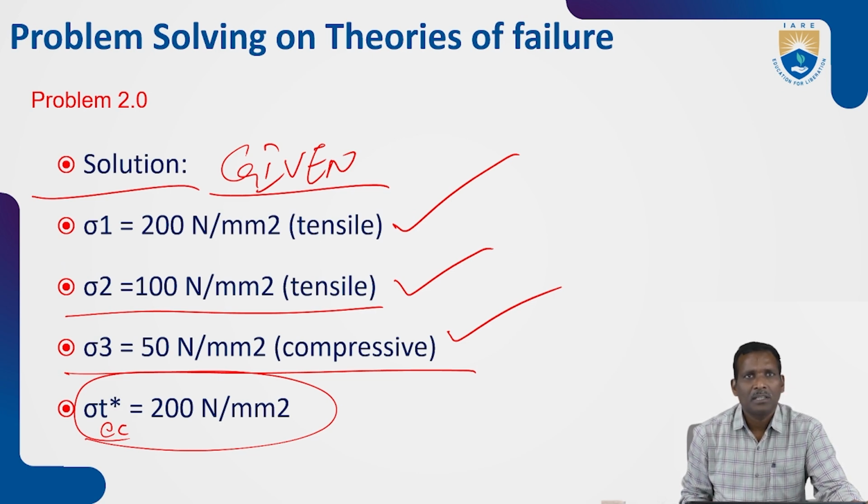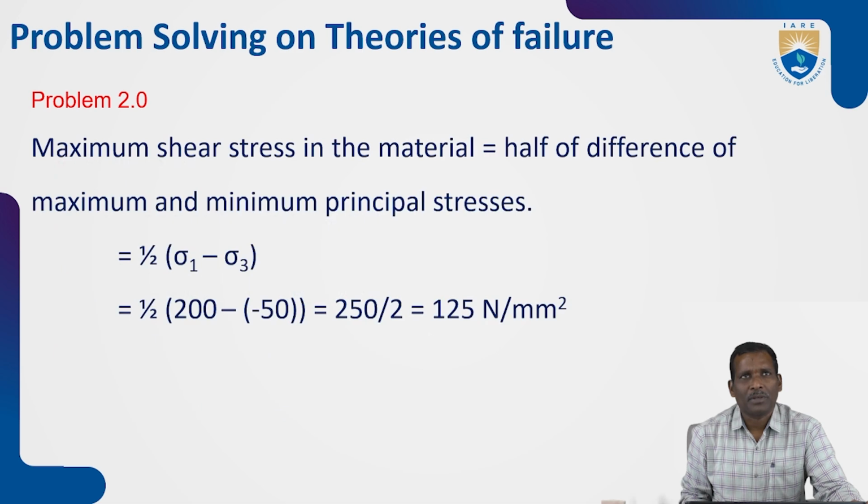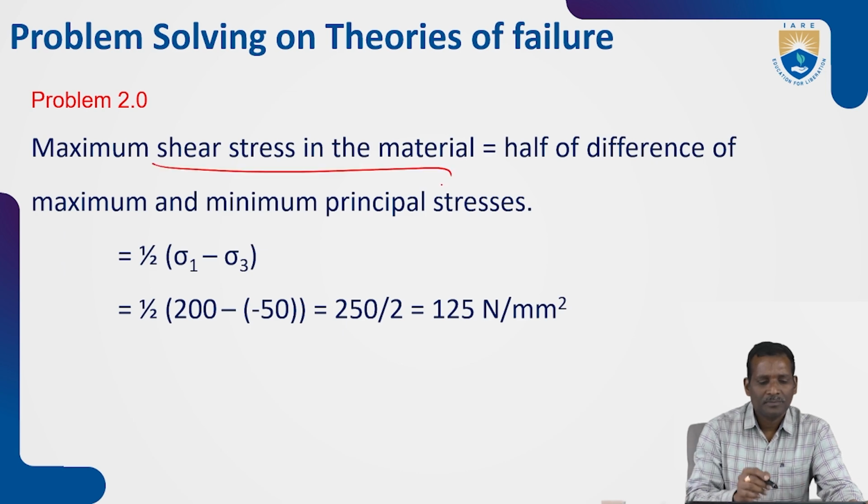According to the maximum shear stress theory, half the difference of the maximum and minimum principal stresses gives the shear stress.